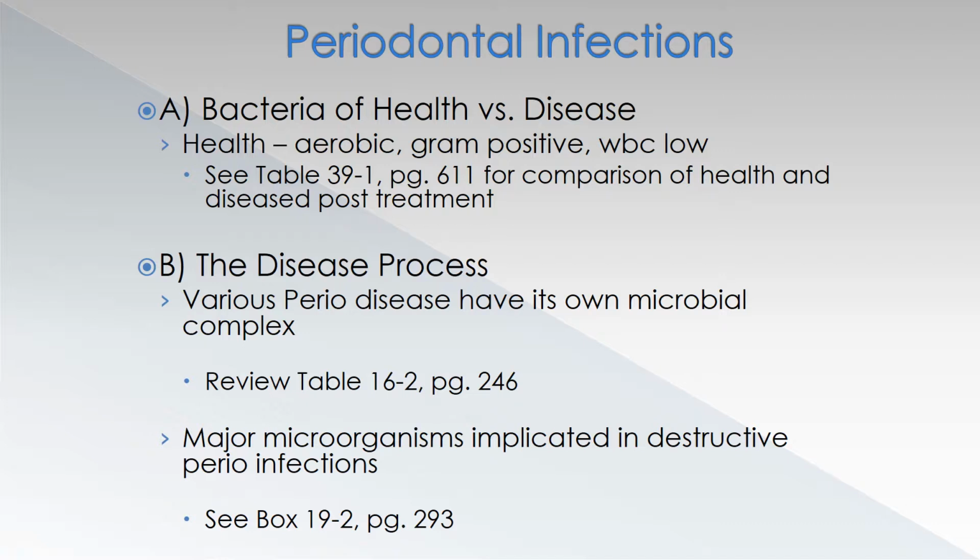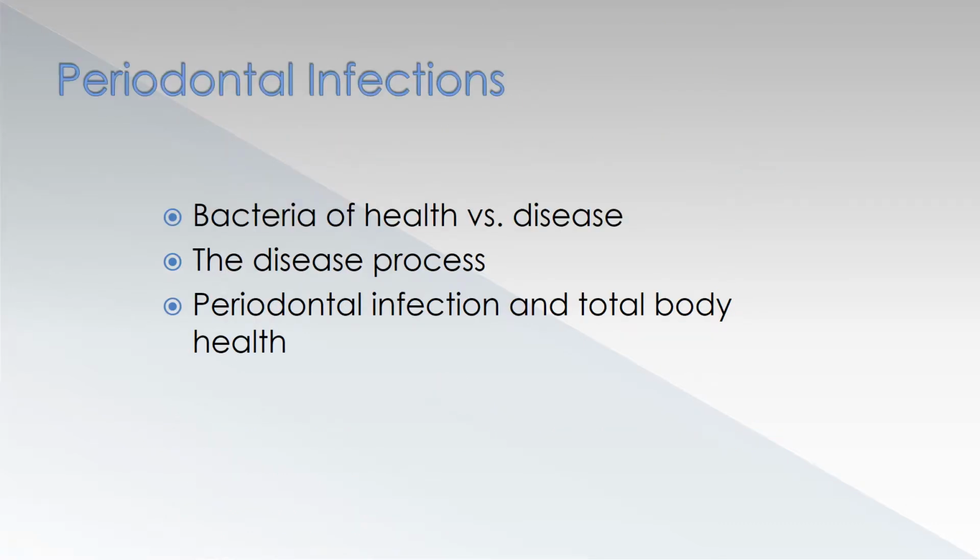Don't review these tables; I believe they are from a different book. But the major microorganisms implicated in the destruction of periodontal infections, we're going to get into that a little bit later. Periodontal infections, bacteria versus health and disease. We will get into that again more in the future.